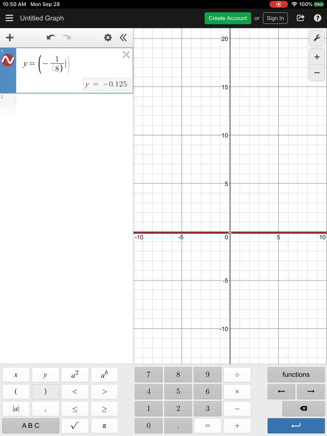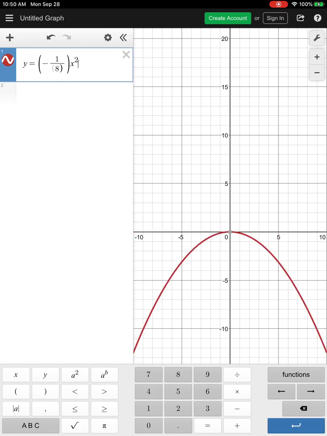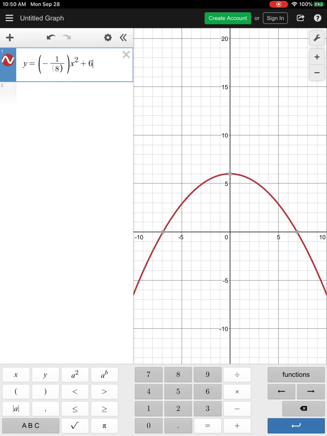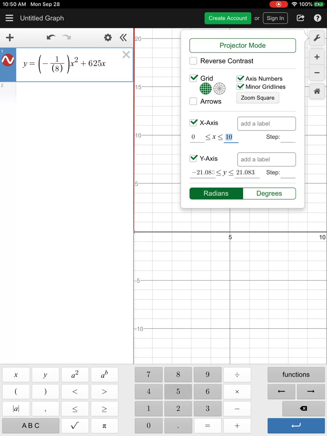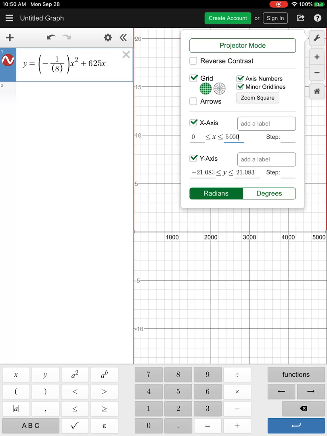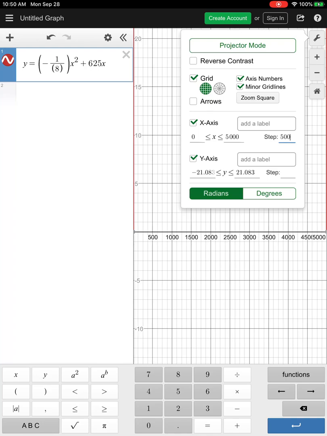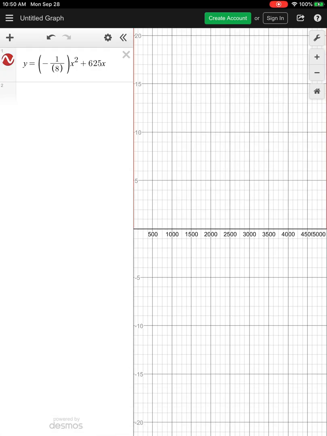Okay, so we're going to go out, close our parentheses, then we can do our x squared plus 625x, and I'm going to go back up and change my window to 0 to 5,000. And from my step, in other words, what I'm going to count by, since I'm going up to 5,000, I think I'm going to count by maybe 500 here. And we'll see what this looks like.